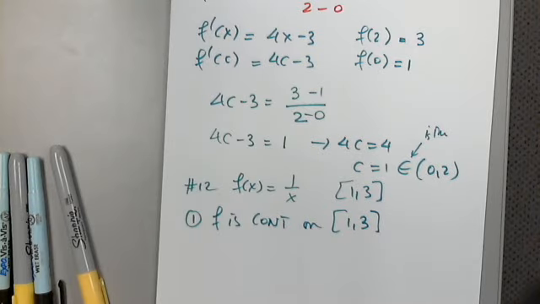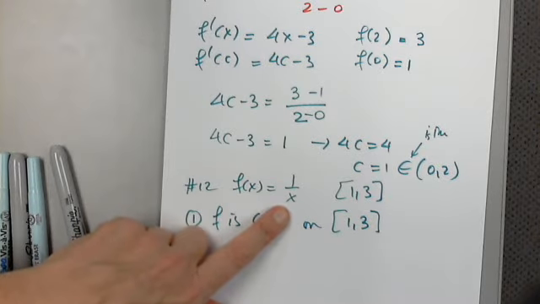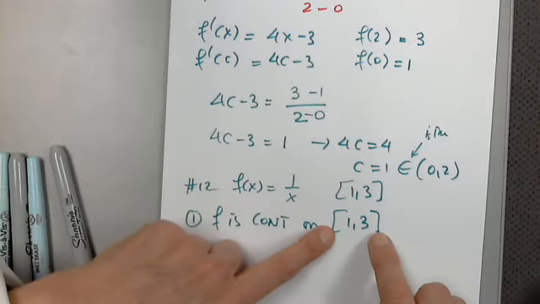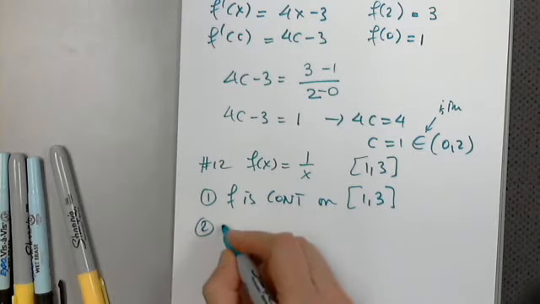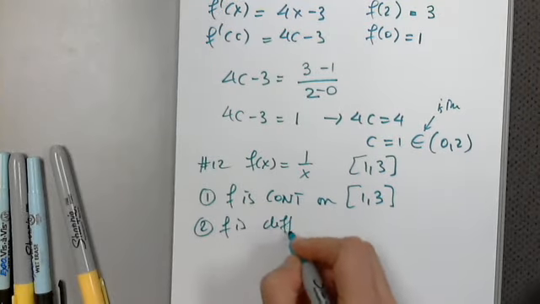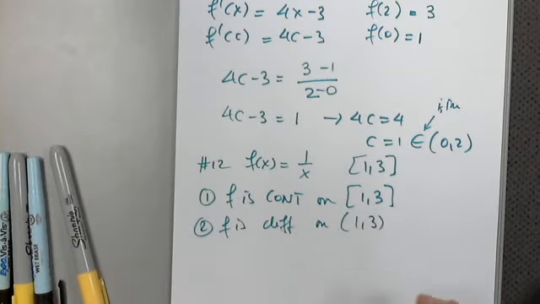You can say, wait a minute, it's 1 over x. Yes, but this function is not continuous only at one point, when x is zero. So between 1 and 3, definitely the function is continuous and differentiable.